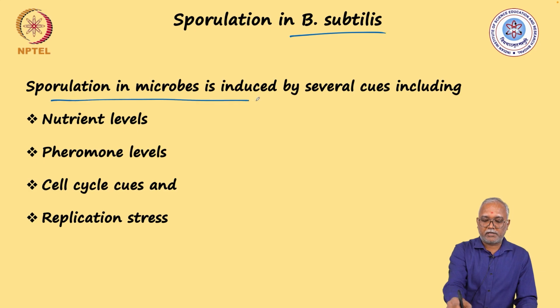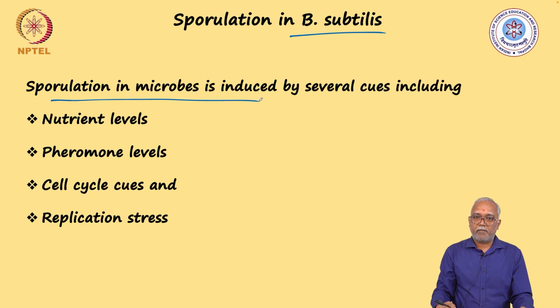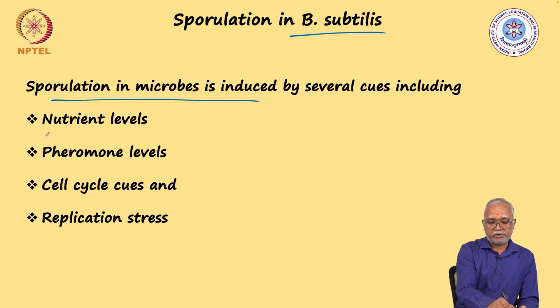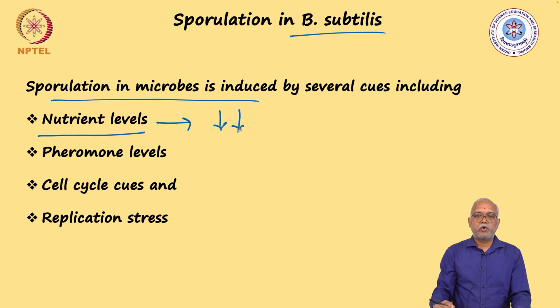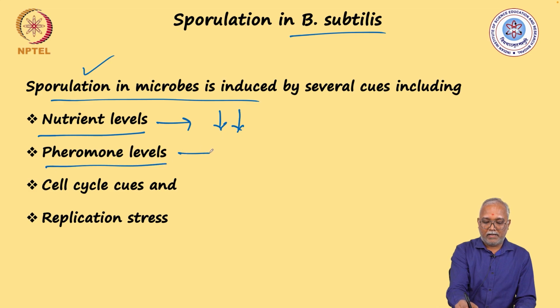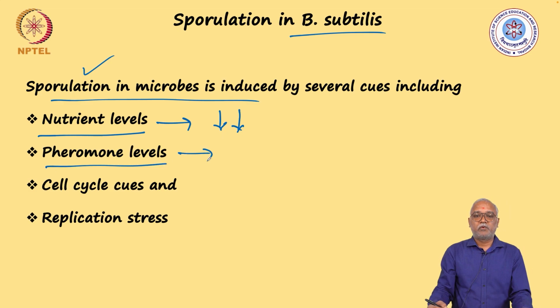Sporulation in microbes is generally a process which is induced depending on the cues which it is getting. Remember that any bacteria or any microbe for that matter never undergoes sporulation in a very rich environment, nutritionally rich, no stress and so on. So if nutrient levels go down, you will notice that bacteria may decide to spore. If pheromone levels are there, so bacteria release certain compounds which can be considered as a pheromone, and they respond to that.